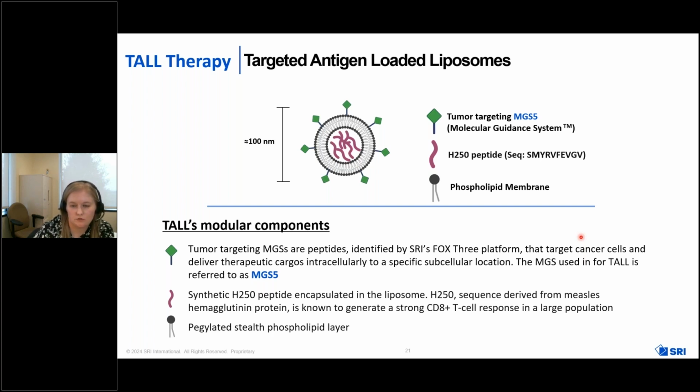And we've chosen H250 because it's a sequence derived from the measles hemagglutinin protein and is known to generate a strong CD8 positive T cell response. It also has a strong affinity for HLA-A2, as well as shown affinity for the H2 MHC class 1 haplotypes, to allow us to detect the efficacy of TAL within murine mouse models.